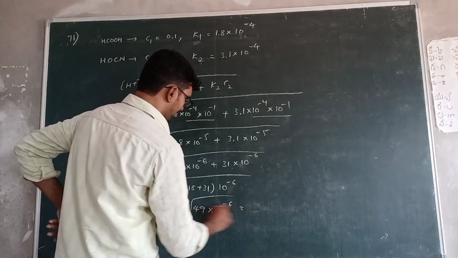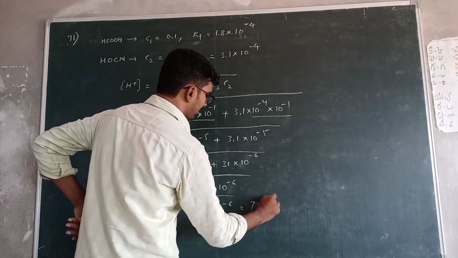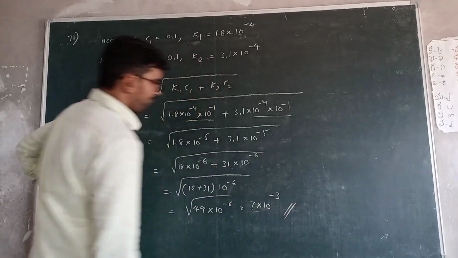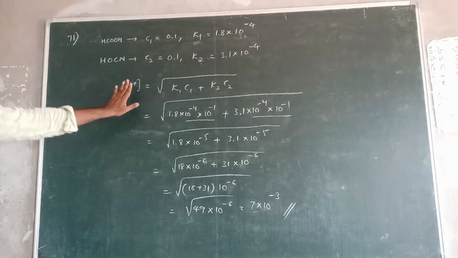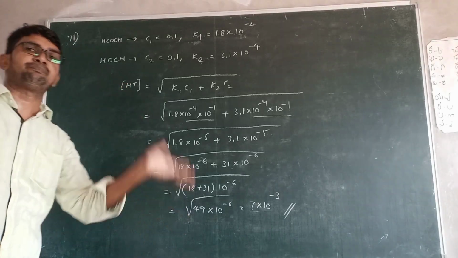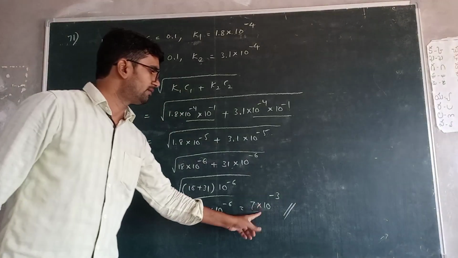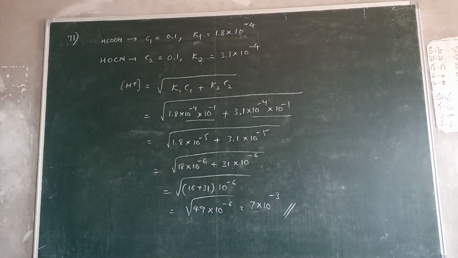Root of 49 is 7, so 7 into 10 to the power of minus 3. This problem is given only for calculation of the concentration of H plus. Sometimes they ask for the pH also. pH means 3 minus log 7. Okay, completed.